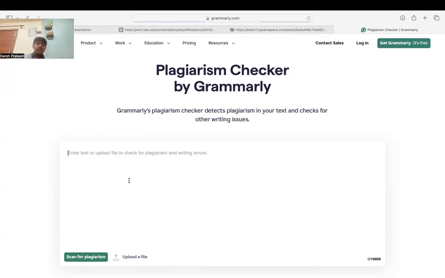In this, first of all, you need to copy-paste the entire content that you are actually going to use in your position paper or the substantive chit. After that, you need to download the file from where you got the content on the internet. You need to download the file, upload that file here, and then click scan for plagiarism.